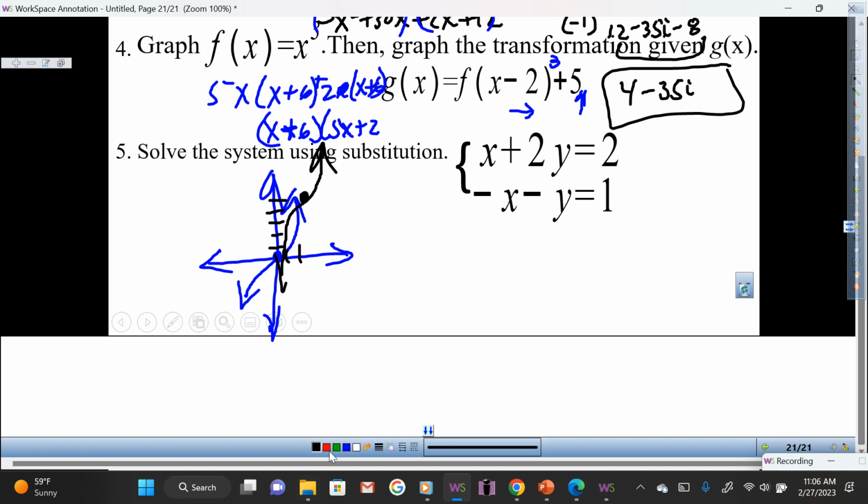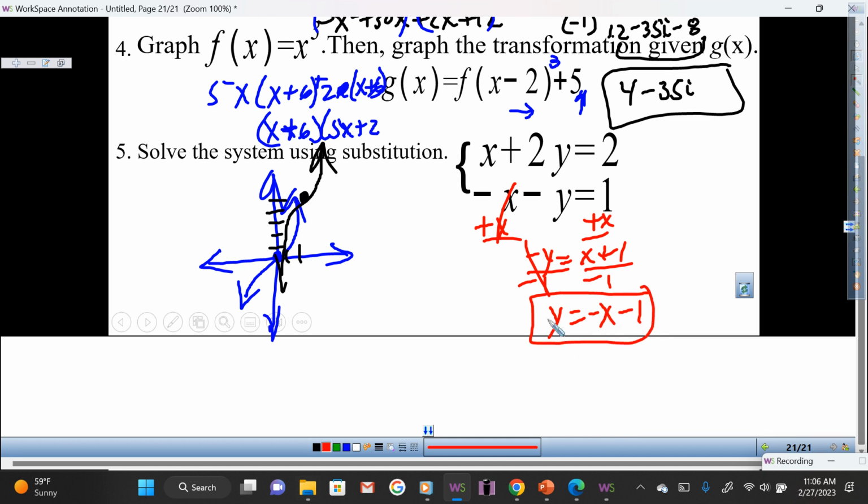Number 5, solve by substitution. I'm going to solve the bottom one for y, so I need to add x. Negative y equals x plus 1. Divide by negative 1 to get rid of that negative. y equals negative x minus 1. All right, so on the first equation, instead of writing y, I'm going to write what?